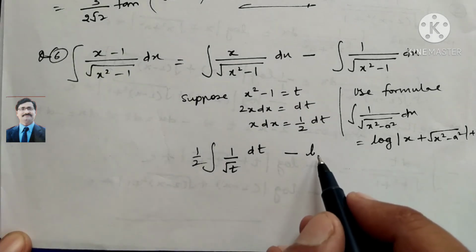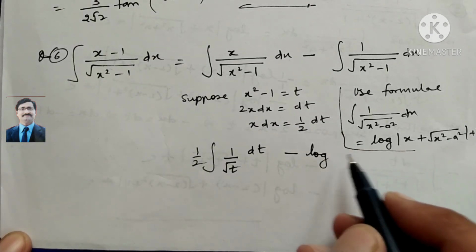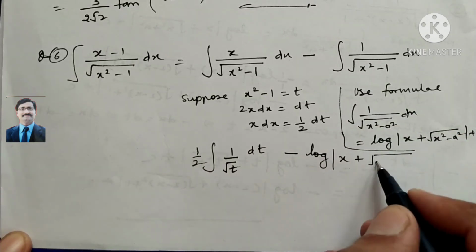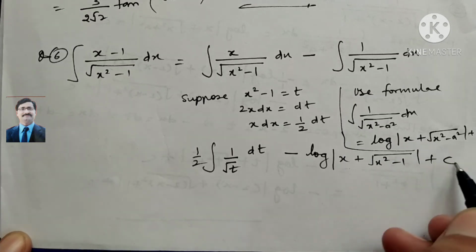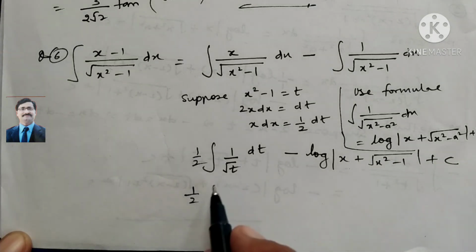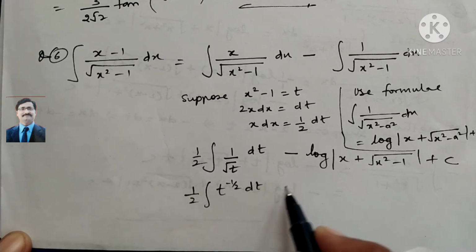So here we can use this formula and we will get log of x plus root of x square minus 1 plus c. And here we can write t power minus 1 upon 2 dt, as it is.